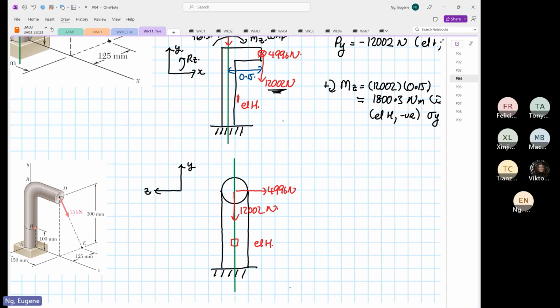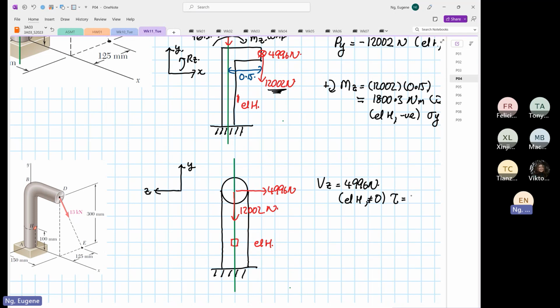From here, we know that we are going to have a VZ, a shear force. VZ is equal to 4996 Newton. And element H is at the centroid, so we say that it is not equal to 0 when we apply the formula.